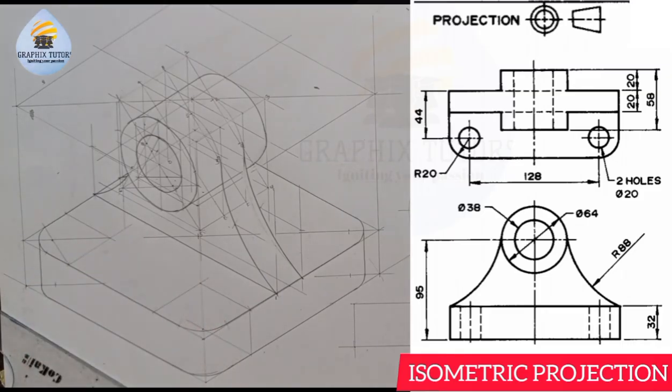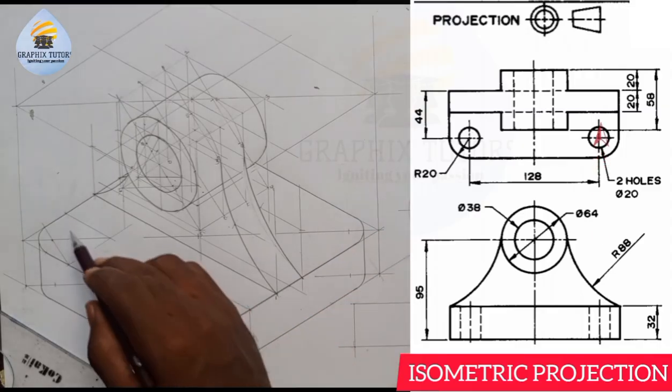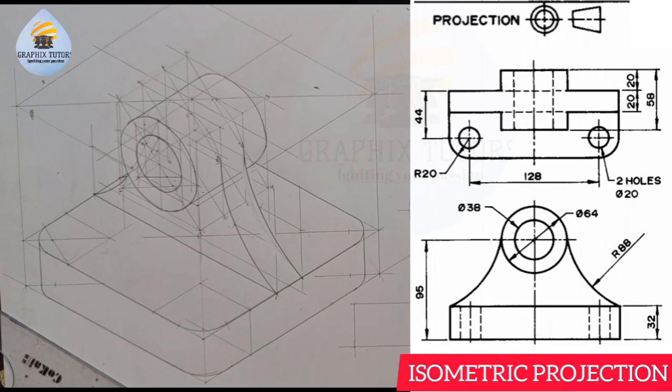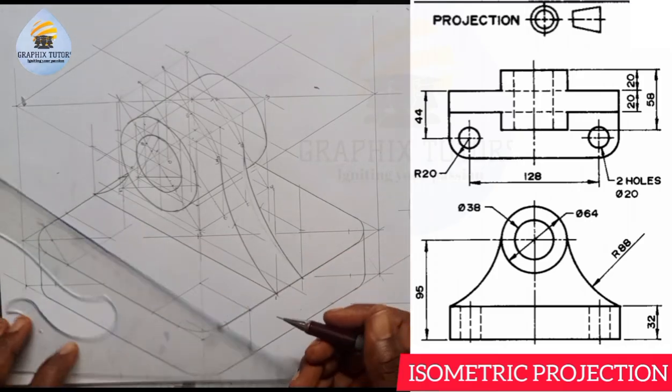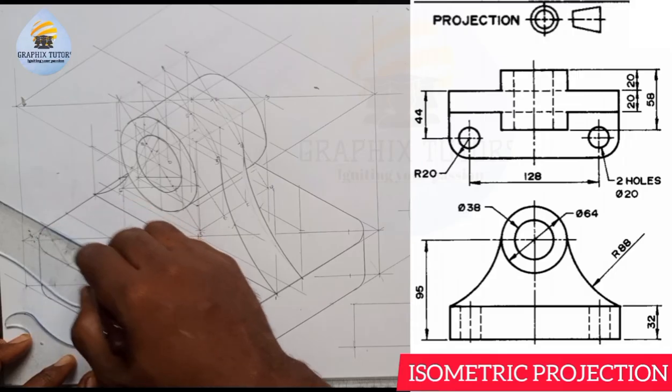Can you see that? Now aside that, there is a circle here, here, and here. So what we do is get that circle and just do what I'm about to do here. This and this.